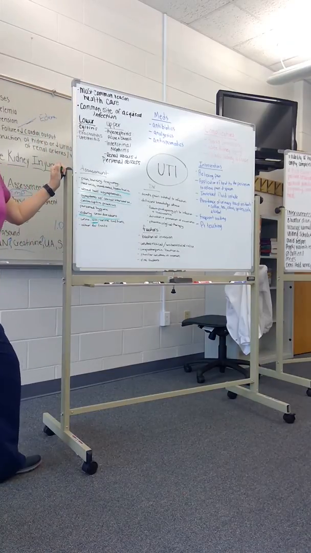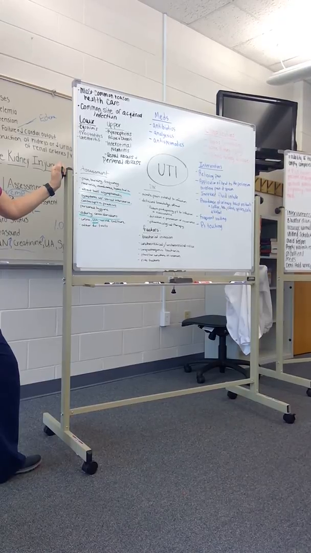Assessment, UA. So I talked about UAs on the recording. There's a difference between a urinalysis just voided, a clean catch, and a urinalysis done by a catheter insertion, so an in and out, or placing a Foley and getting that first urine out of the Foley when it's placed.